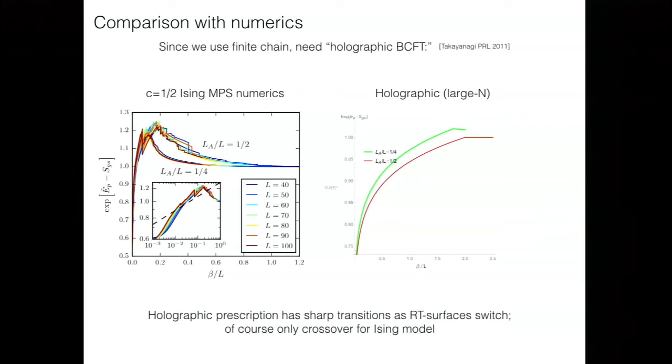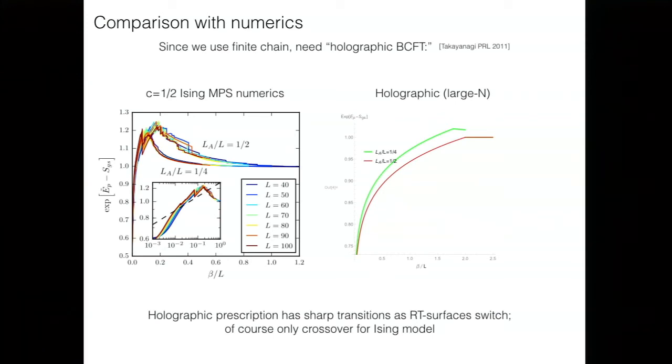Another thing that roughly qualitatively fits is that this entanglement of purification is actually not monotonic. In general, it peaks at some intermediate temperature and then reduces. And generically, that's something you also see in the holographic prescription. Usually there's some peak at intermediate temperature before it goes down to 1.